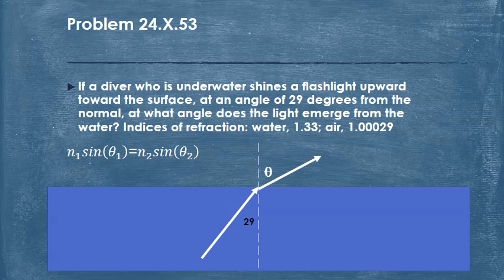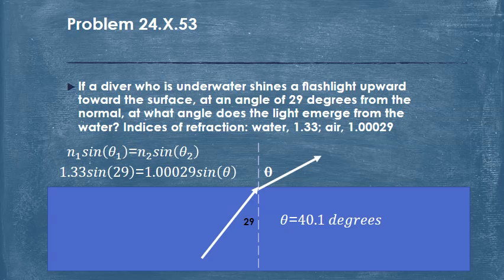So I apply Snell's law. In this case, N1 is the water, N2 is the air. Theta 1 is 29 degrees. So if you calculate for sine theta and take the inverse, you get an angle of 40.1 degrees.